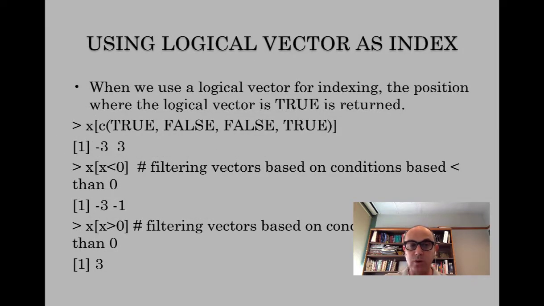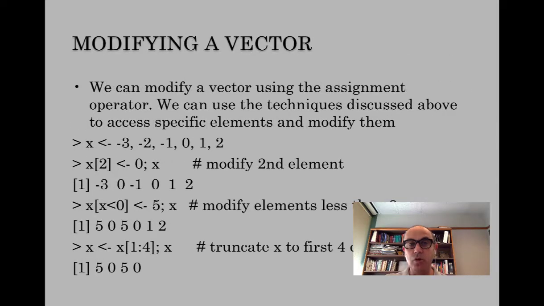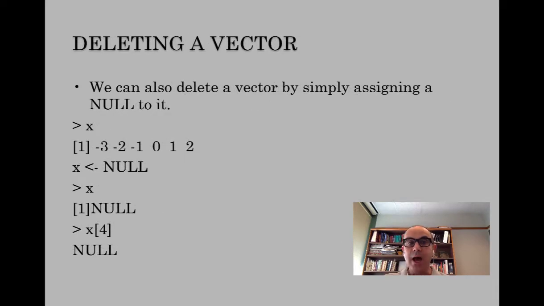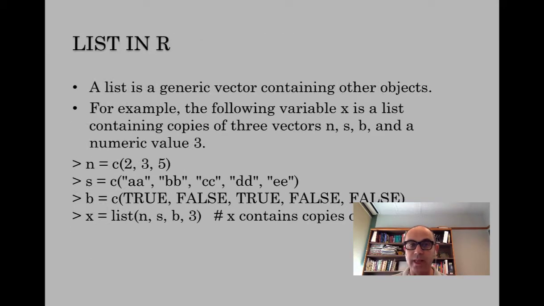When you use a logical vector for indexing, the positions where the logical vector is true are returned. We can always modify the vector by assigning it an operator that will provide the multiplication or any other thing that we would like to do. We can also delete the vector from our equation.